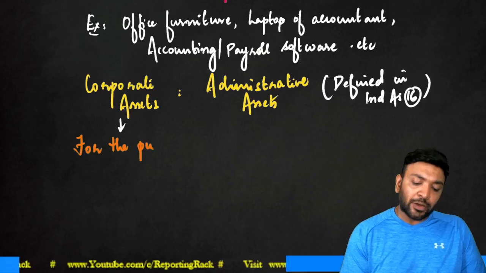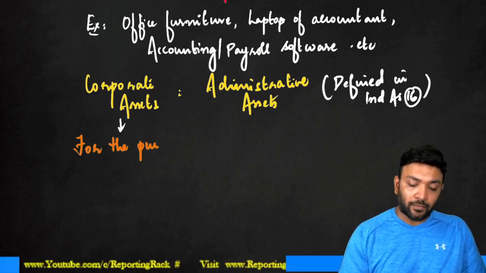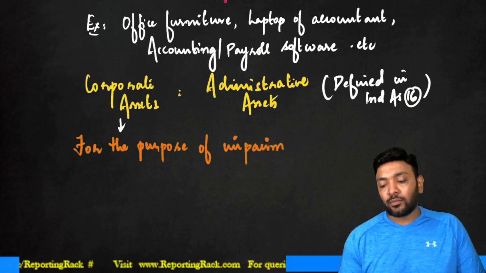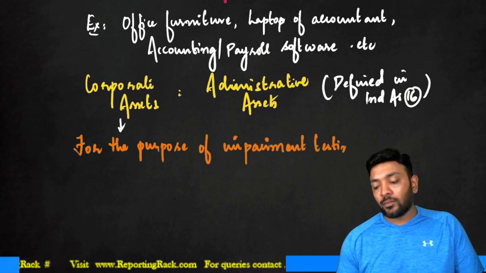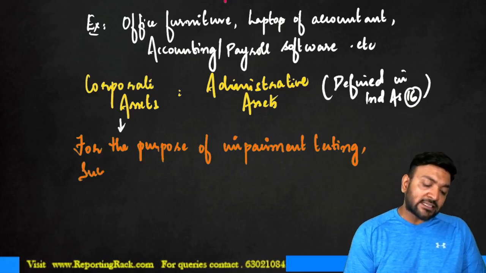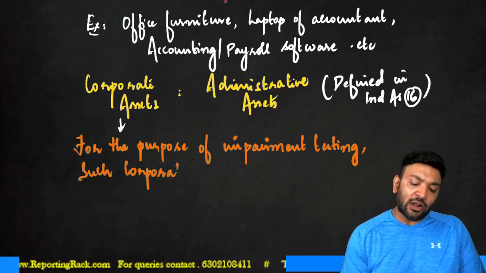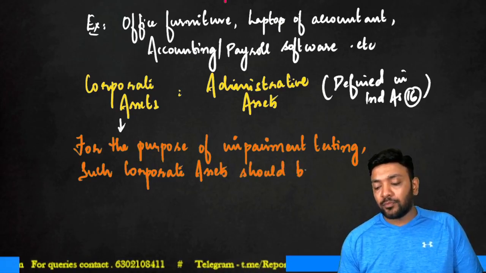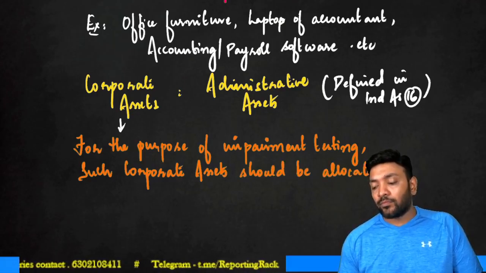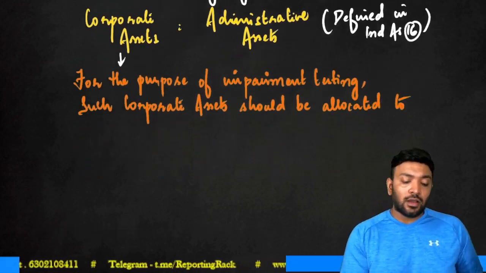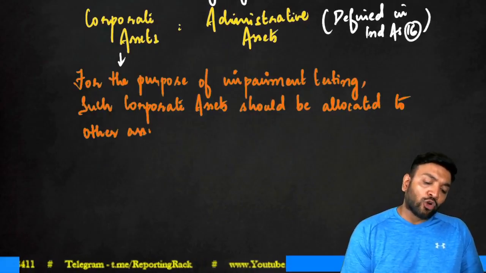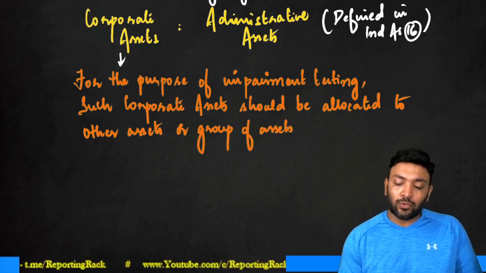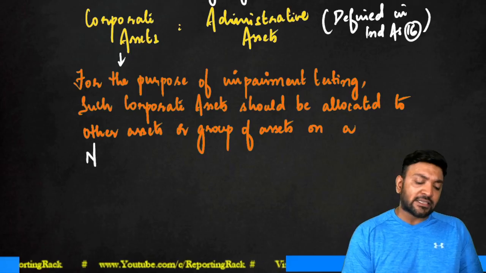For the purpose of impairment testing, such corporate assets, since you said they cannot be individually impaired, should be allocated to other assets or group of assets on a non-arbitrary basis.